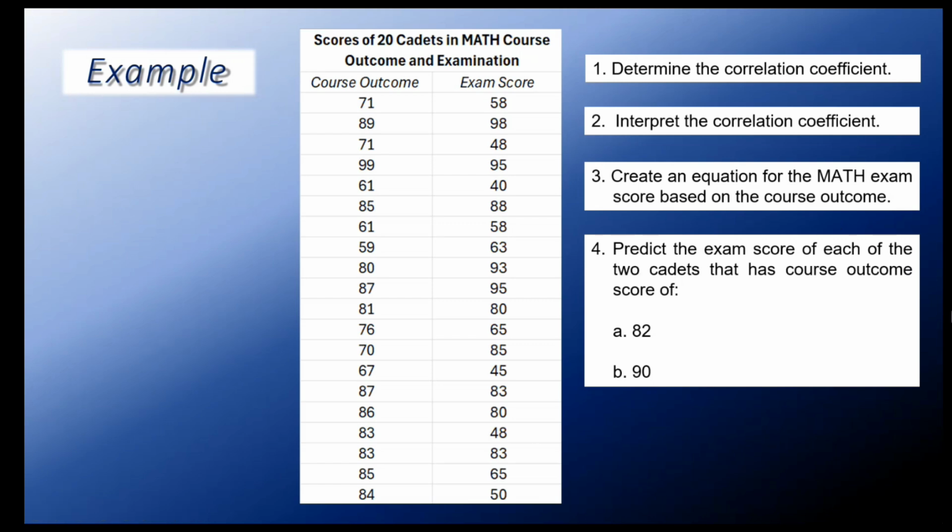Lastly, we're going to predict the exam score of each of the two cadets that has a course outcome score of 82 and 90.